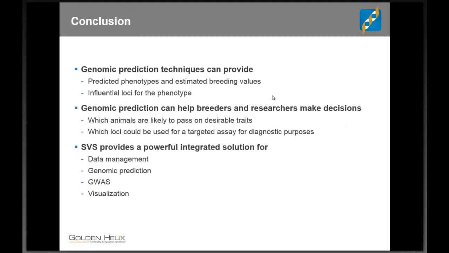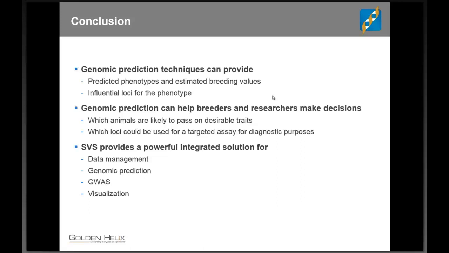And just to wrap up and repeat once again, genomic prediction techniques provide us with many things. Among them, we can predict phenotypes and breeding values. This helps us identify which animals or plants are most likely to pass on desirable traits.